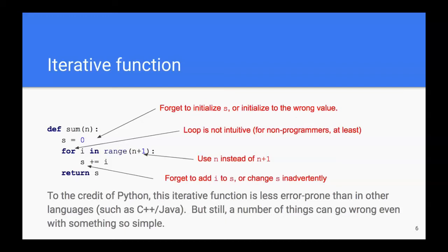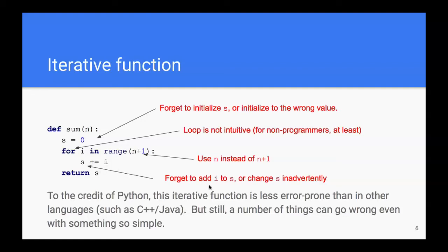I mean, maybe I type it as 1. I don't know why, but it could conceivably happen. And when you talk about loops, especially to non-programmers at first, maybe you yourself, when you run into loops for the first time, it's not an exactly intuitive concept, right?